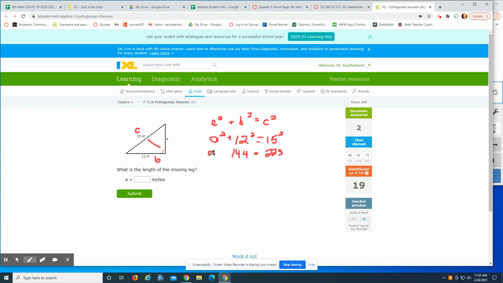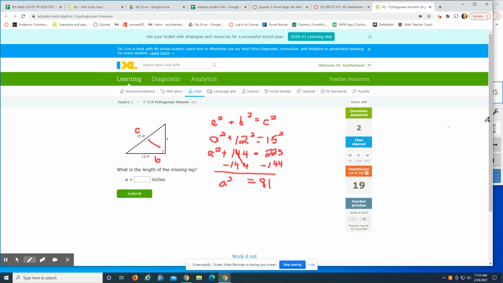A squared drops down. Plus sign drops down. I'd subtract 144 on both sides. A squared is going to drop down. These cancel. 225 minus 144 is 81.